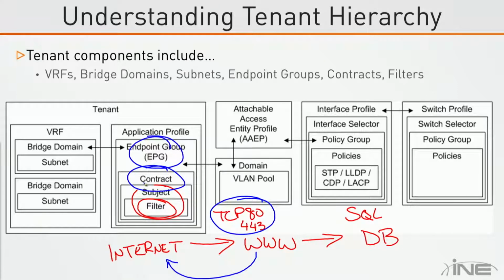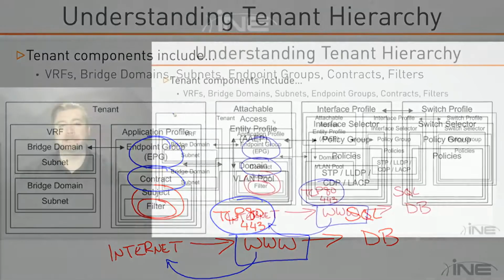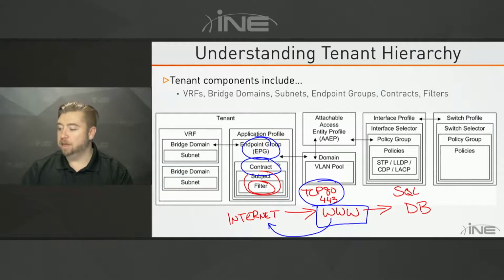The endpoint group would be www, which is part of an application profile. Application profile is just going to be another container. But the endpoint group is then going to be inside of a bridge domain, which is calling a subnet. Subnet would be where the web server's IP address actually lives, and where the default gateway of the web server would be.